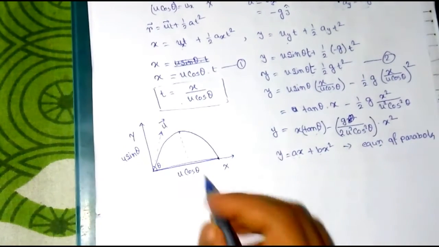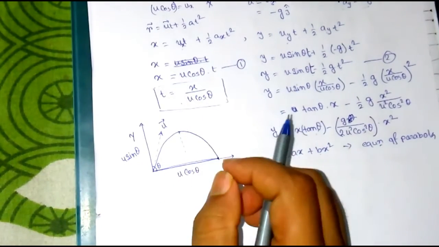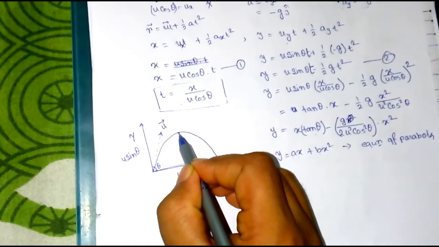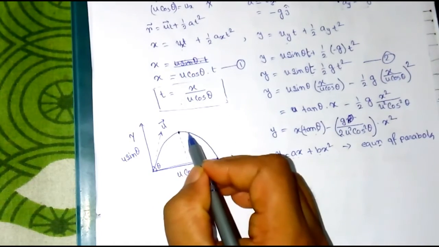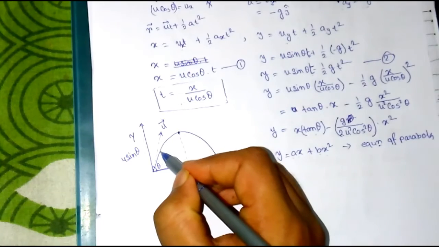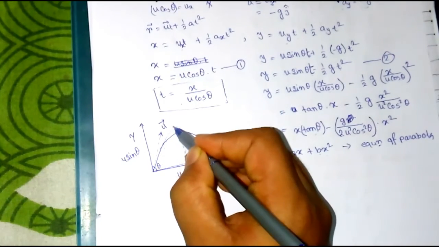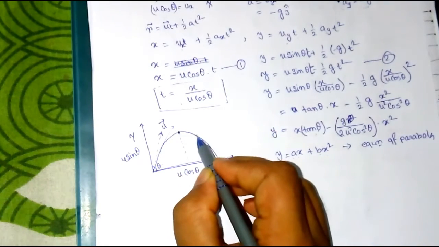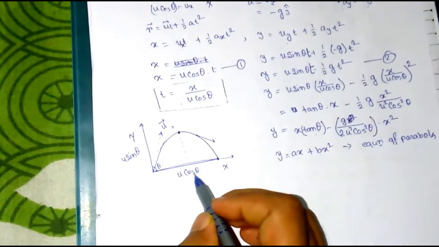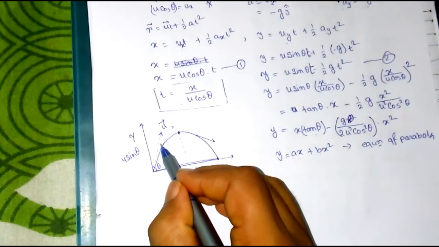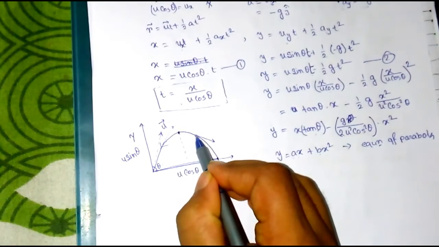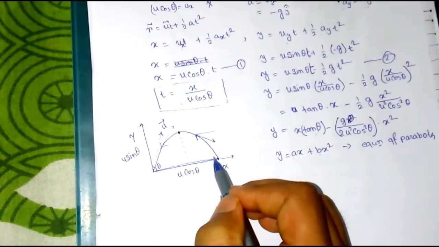Now if you think clearly, at every point the direction of velocity changes. At this point velocity is in this direction, and at this point the velocity direction is this one. If you divide all this into components, you get it this way.